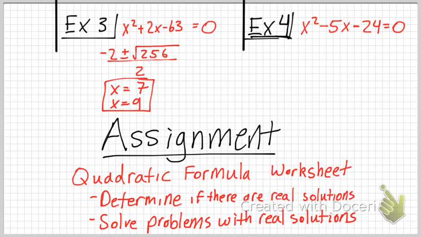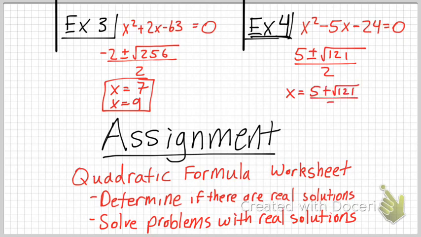If you have any questions about that, go ahead and ask Mr. Fox. And for our other problem, we have 5 plus or minus the square root of 121 divided by 2. And I can't really reduce any of this, so I have x is equal to 5 plus the square root of 121 divided by 2. And I have x is equal to 5 minus the square root of 121 over 2.